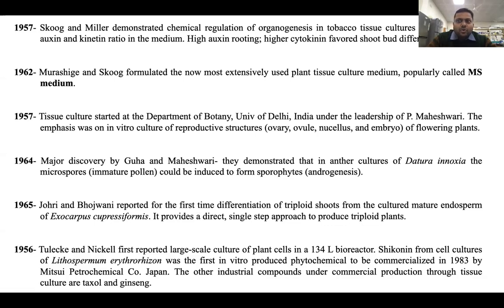Have you heard of Guha and Maheshwari? Yes, sir. So you've been through all these things before, so I'll not spend too much time on this. One of the major discoveries for which Guha and Maheshwari are famous is that they did anther culture from Datura, which led to the formation of haploid plants.